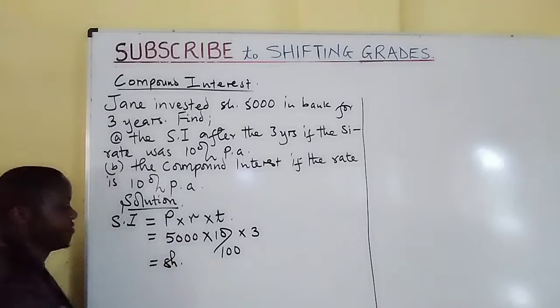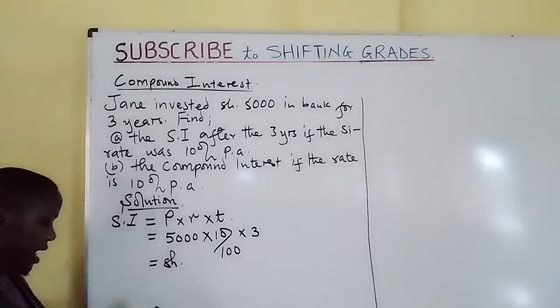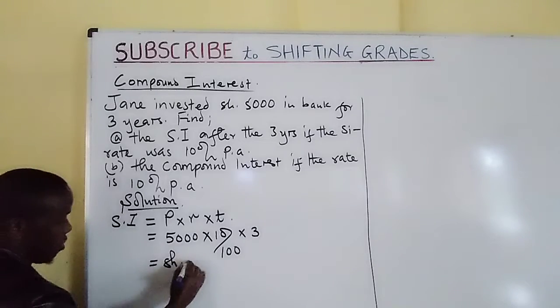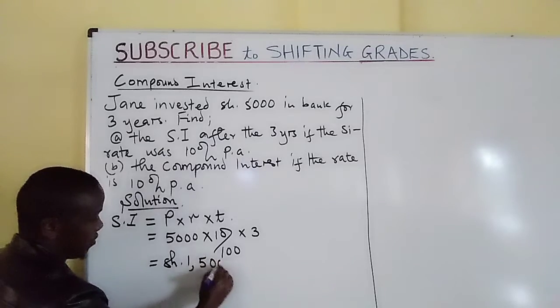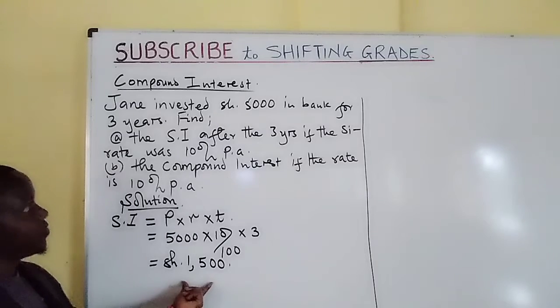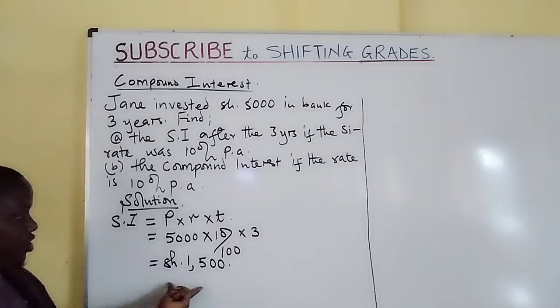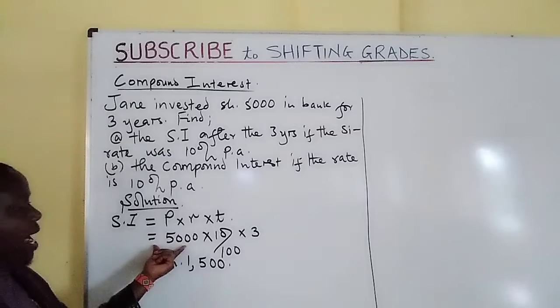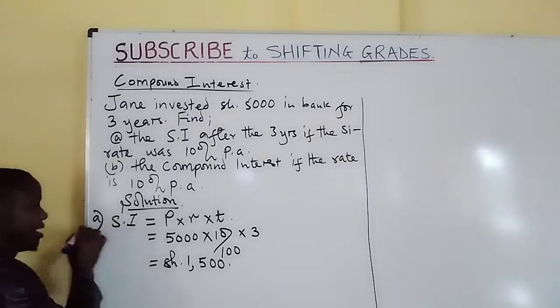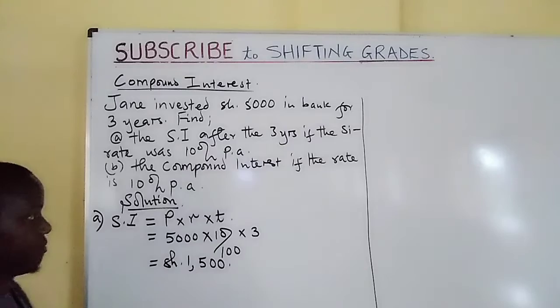So at the end of the 3 years, our money had gained interest worth 1,500 shillings. So this is the interest Jane earned for depositing 5,000 in a bank which charged simple interest at the rate of 10% per annum for 3 years. It's part A. Now, let's go to part B.